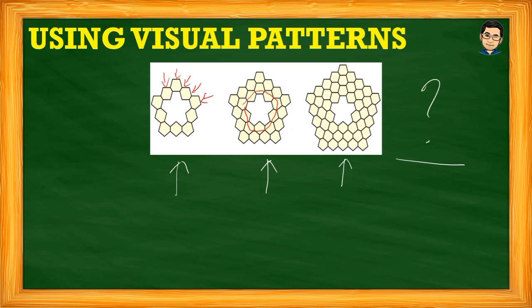Ang gagawin lang naman natin is dadagdagan po natin ng mga figures dito sa kanyang gilid, paikot po yan. Using visual patterns po, madali lang pong malaman kung anong susunod na figure, because dinadagdagan lang po siya ng mga blocks sa kanyang paikot.